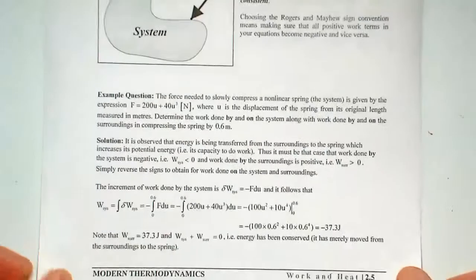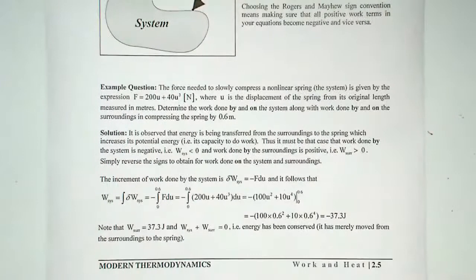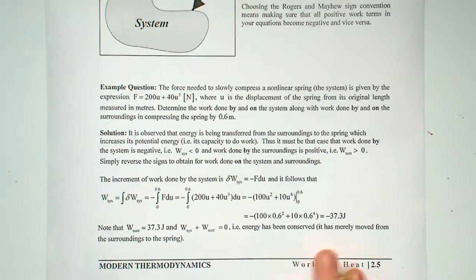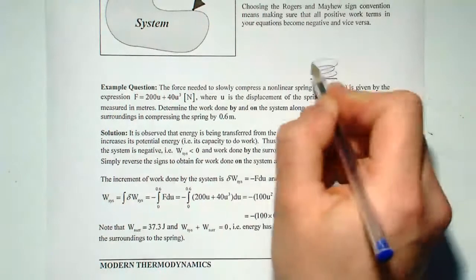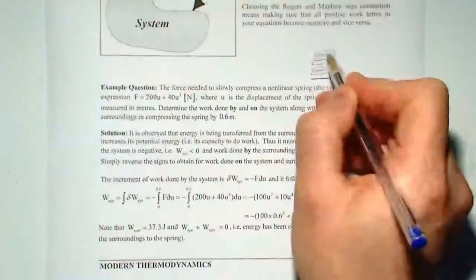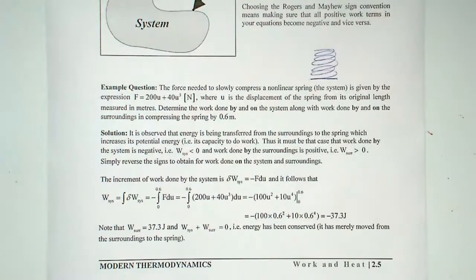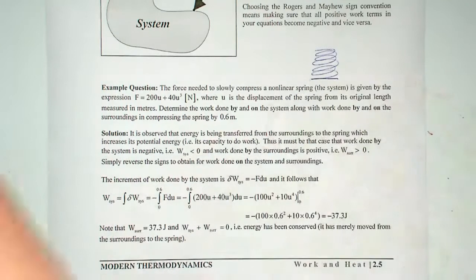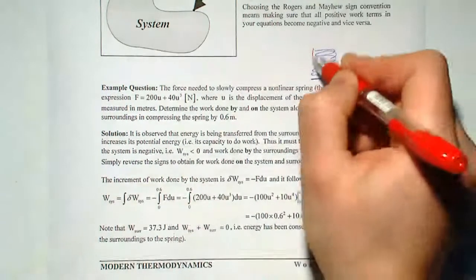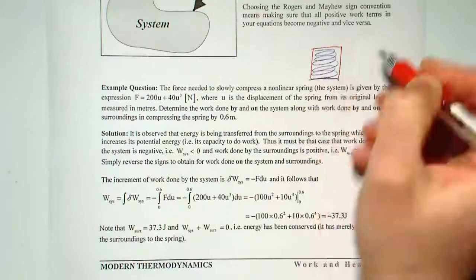Let's just do one example here, which shows the importance of using the right sign convention. So, the force needed to slowly compress a nonlinear spring. We've got a spring like that, and this is your system.